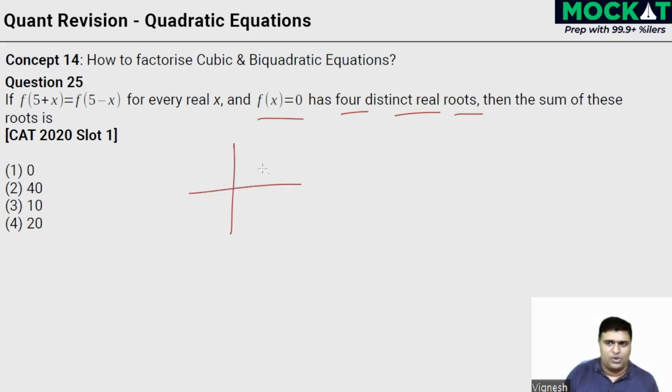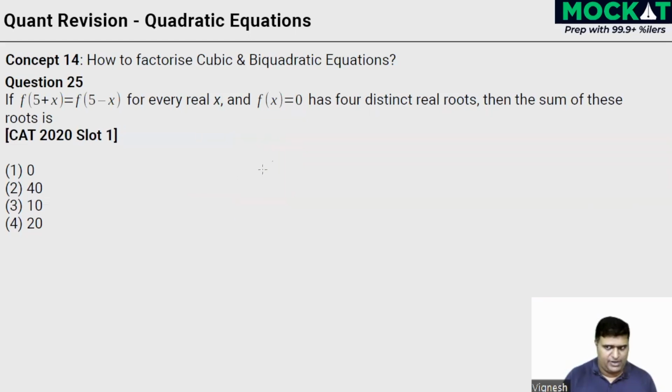Now look at it from a quadratic perspective. What do we know? Along the point where it's going to attain minimum, for a U-shaped curve, it's going to be symmetrical on the left and right. So if one root is minus b plus root of b square minus 4ac by 2a, the other is minus b minus that, right? Plus a constant, minus constant. So that's how it works.